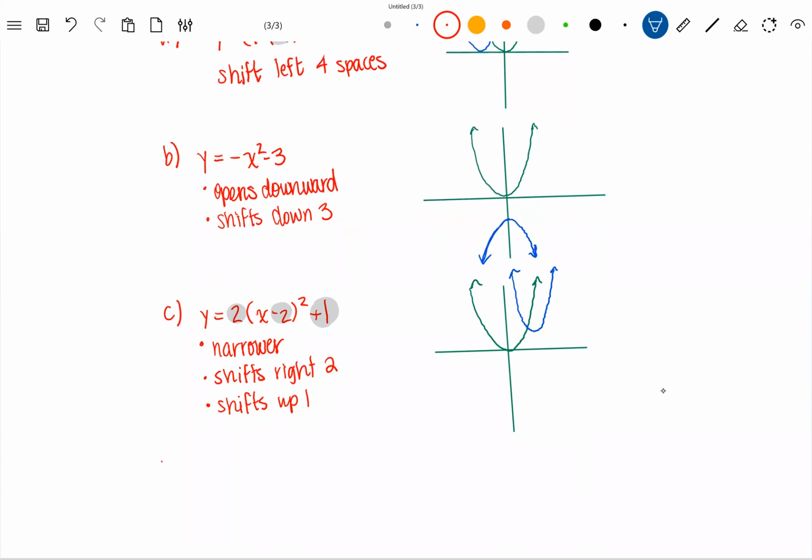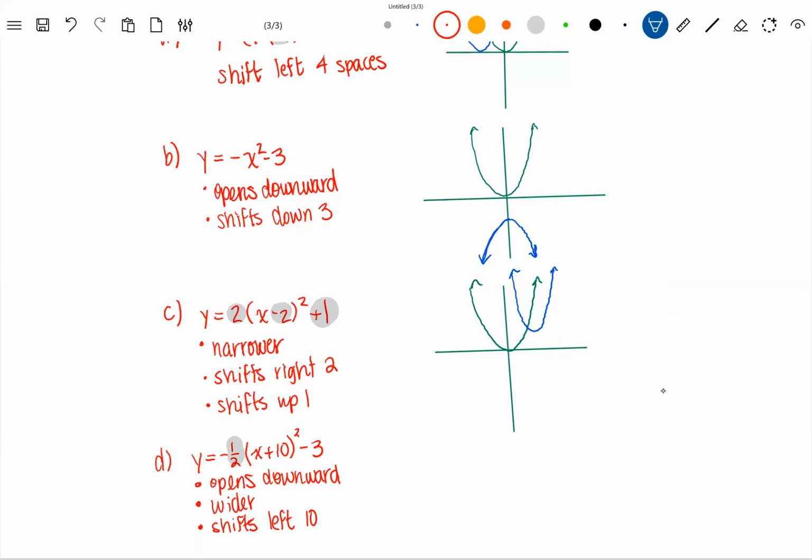And then this last one here, y equals -1/2 times x plus 10 squared minus 3. First of all, I have this negative sign, which means it opens downward. Then I have this 1/2. That means it's wider than the parent function. And then this +10 in the parentheses means it shifts left 10.